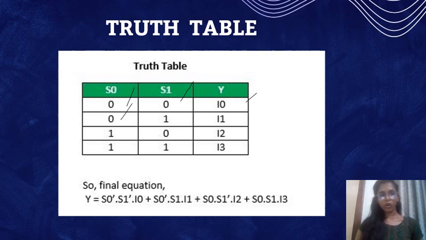S0 is 0, S1 is 1, the output Y is I1. S0 is 1, S1 is 0, the output Y is I2. S0 is 1, S1 is 1, the output Y is I3. This is the truth table for the 4:1 mux. This is the equation for 4:1 mux.